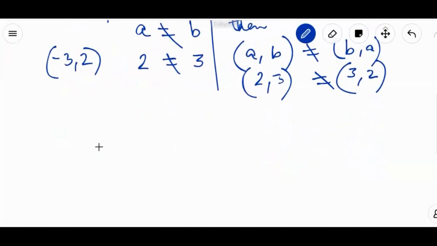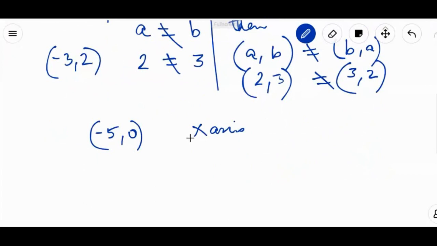Then take the third part. The point A, that is minus 5 comma 0, they are saying it lies on x-axis. Is it true? Yes, ma'am. It's true. A point whose y part is 0 will always lie on x-axis.